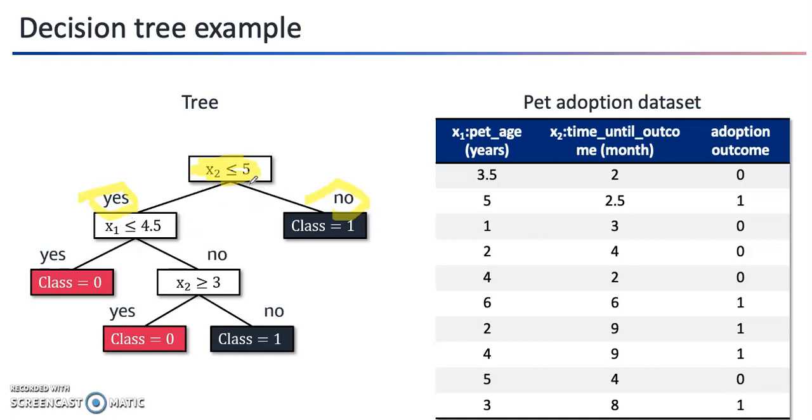But if that is not satisfied, then it goes onto an edge pointing to the value of class equal to 1. Remember that the value equal to 1 is what we have recorded on the third column, which is the target or label.